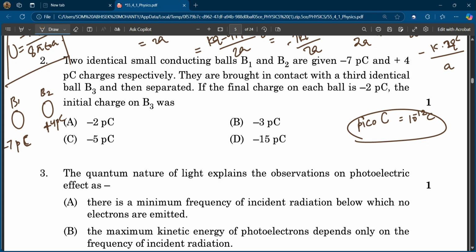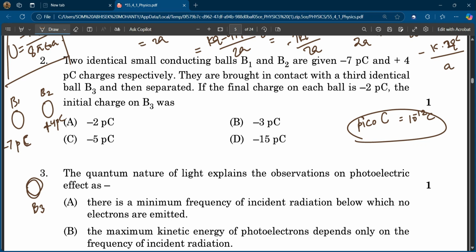They are brought in contact with a third identical ball B3 and then separated. The final charge on each ball is minus 2 picocoulomb. So first is B1, this is B2, minus 7 picocoulomb and plus 4 picocoulomb.